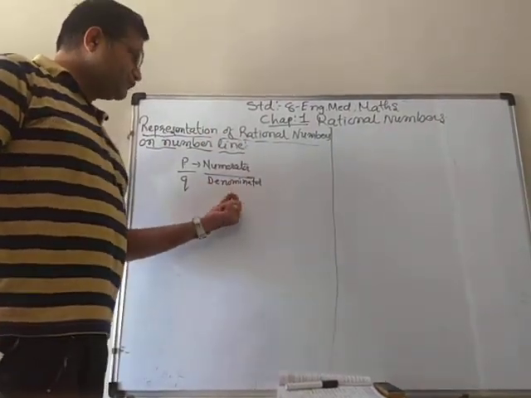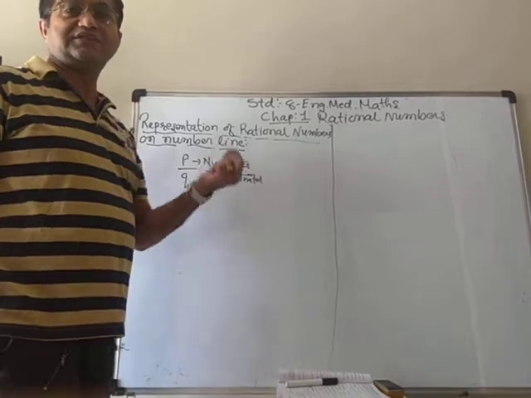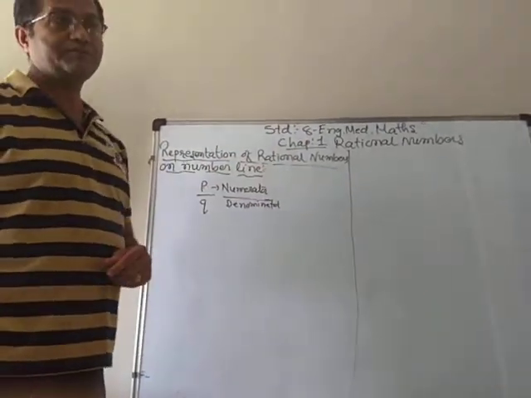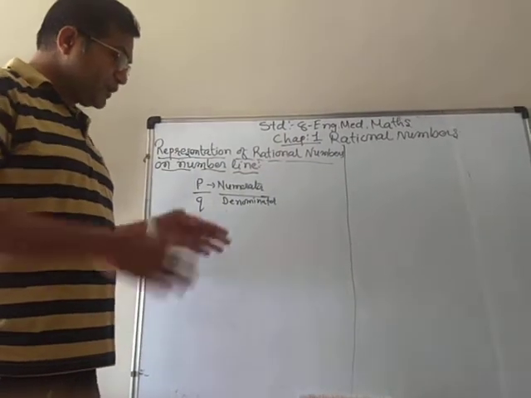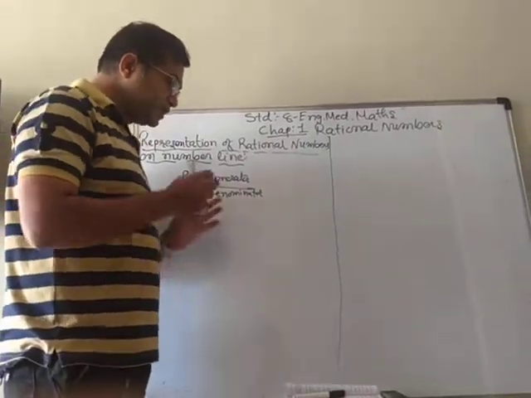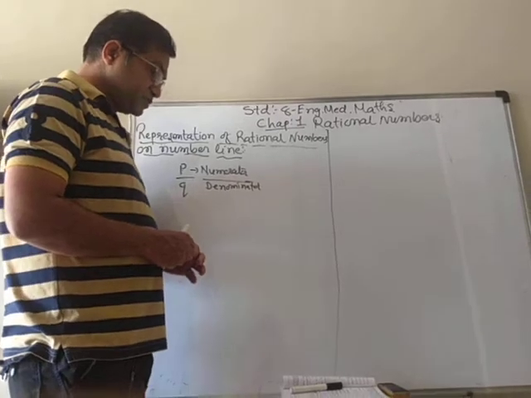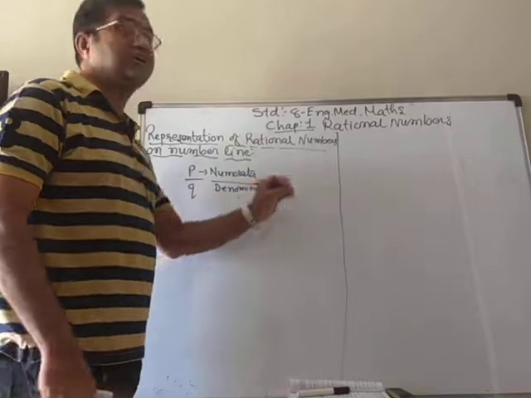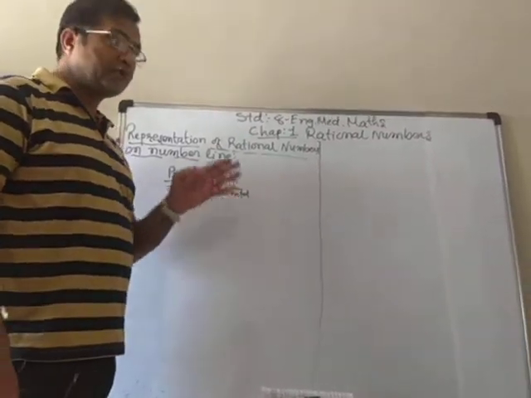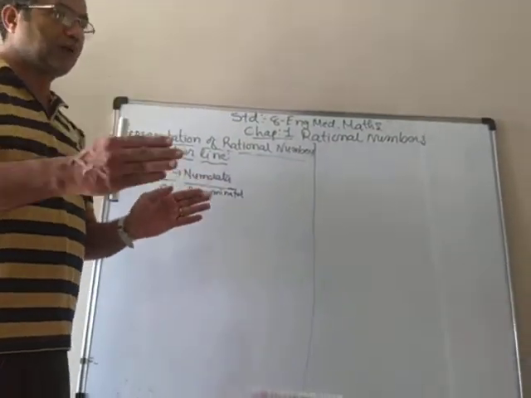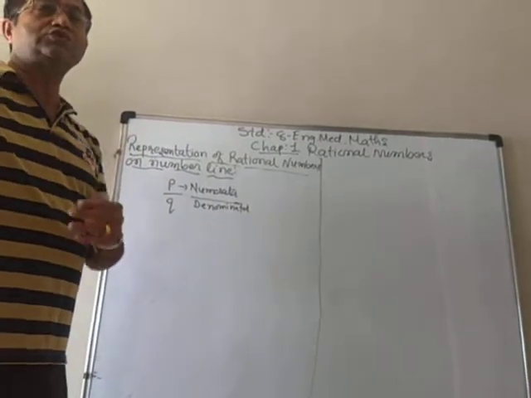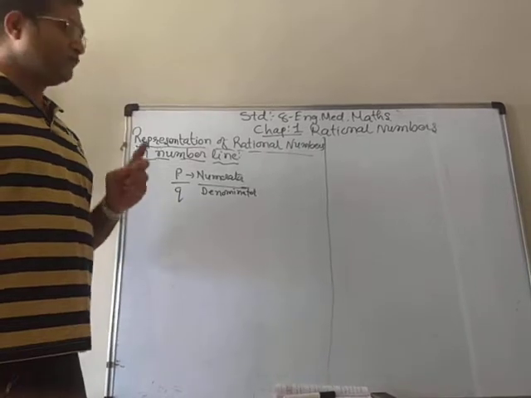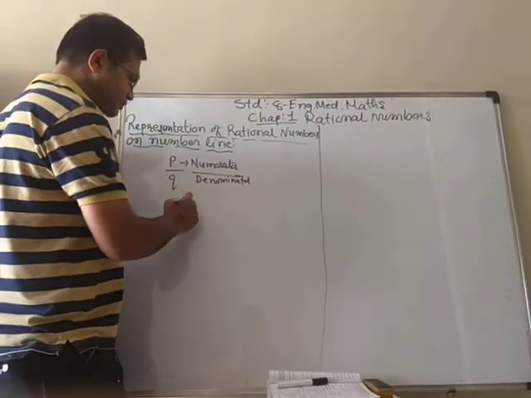For that, first check the denominator of the given rational number, and then make as many equal parts as the number in the denominator, between 0 to 1, 1 to 2, 2 to 3, according to the given number.